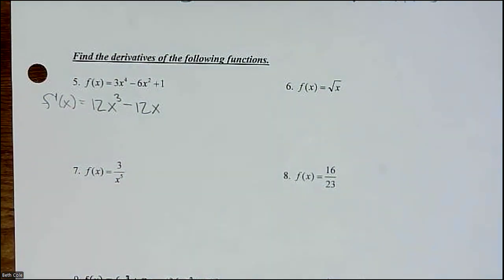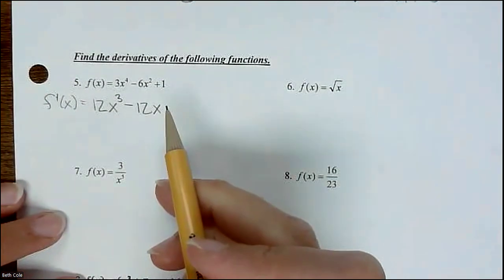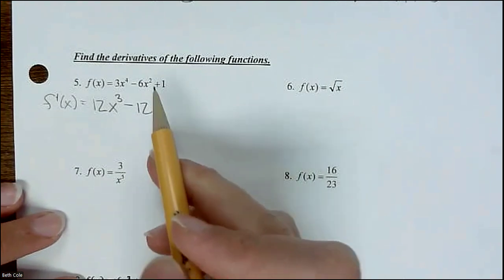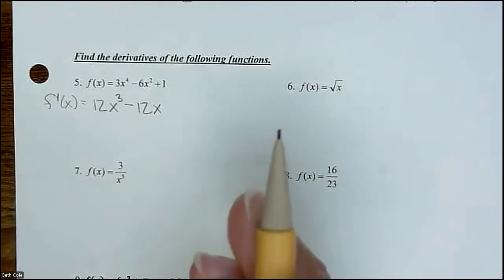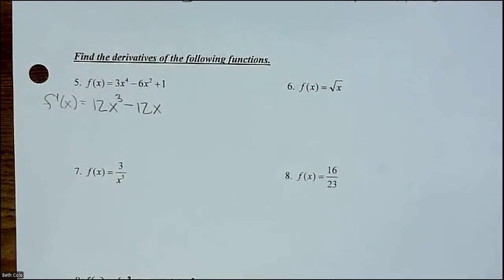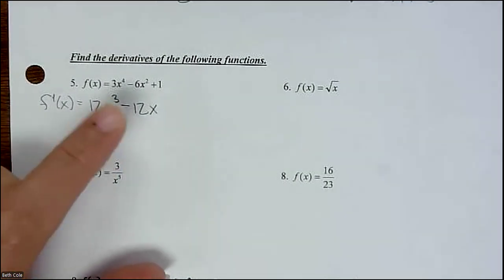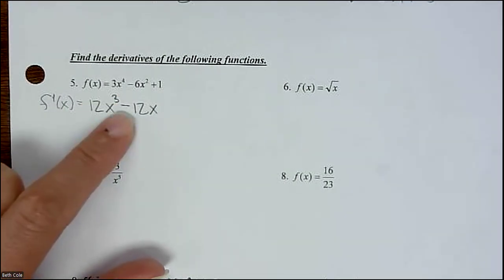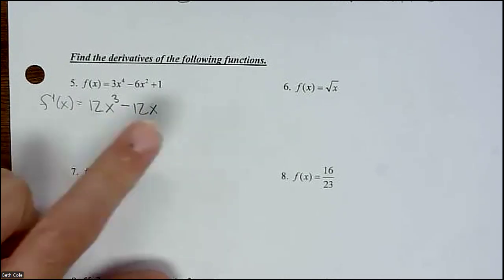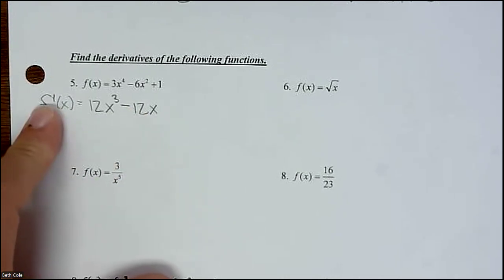You can write the 1 if you want to. And then what? That's it, because 1 is constant. Constant is a horizontal line. That slope is 0. Okay. Now, I'm not trying to torture you, but if this was multiple choice and they had factored this, could you do a GCF and factor out a 12x? Like the algebra skills are there?